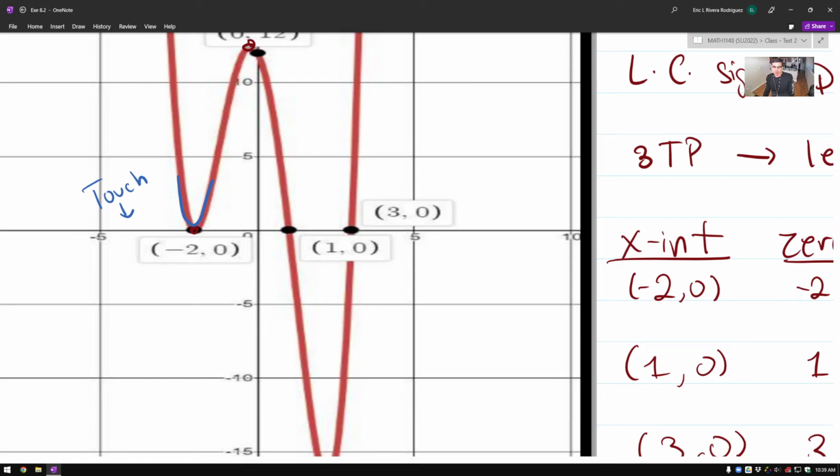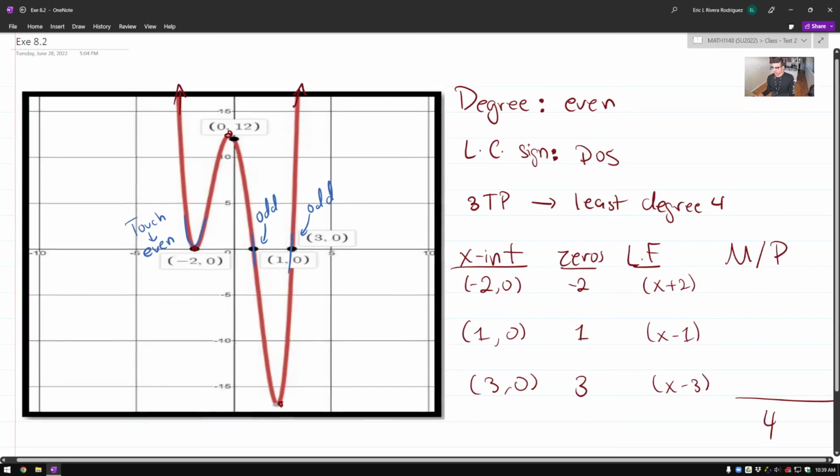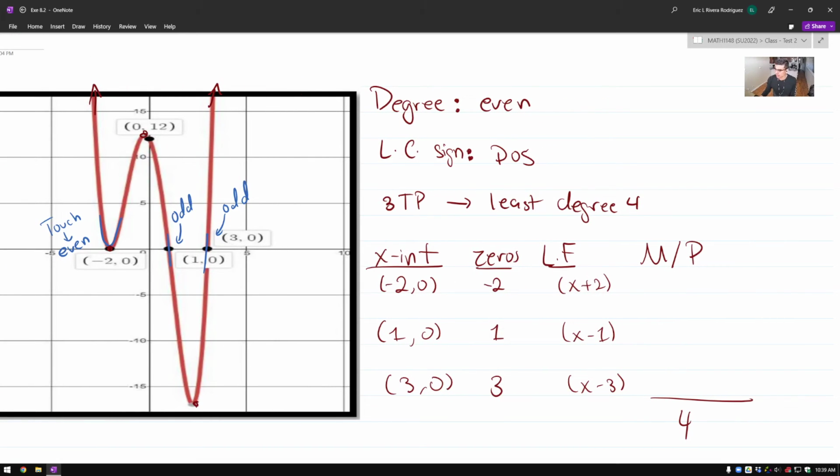So this means that the multiplicity of negative 2 is even. Here it crosses, it means that the multiplicity is odd, and here the multiplicity is odd as well. So the multiplicity is even, then odd, and then odd.